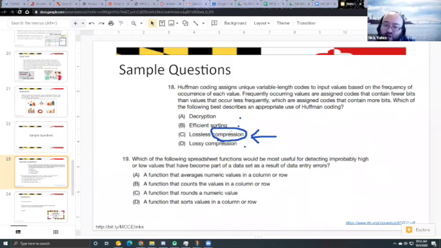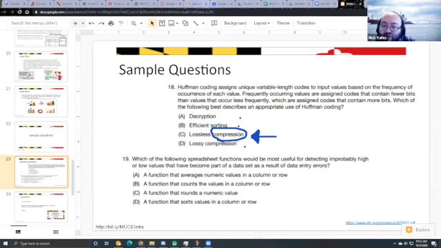If you think about letters of the alphabet, that's not exactly how it works. It's more about the binary numbers. But like letters of the alphabet, E occurs the most. So if we assign a single bit encoding to E, and then a double bit encoding to the next more frequent ones, and then a triple bit encoding to the less frequent ones like Z, or a quadruple bit, then we're definitely getting efficiency, but it's still lossless because you can still reconstruct the original exactly without losing any information.